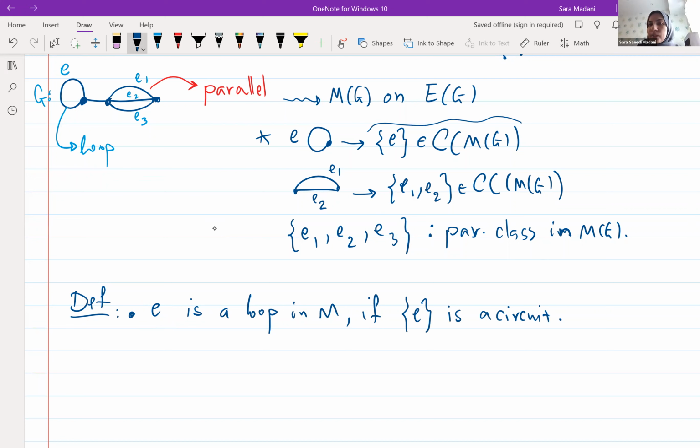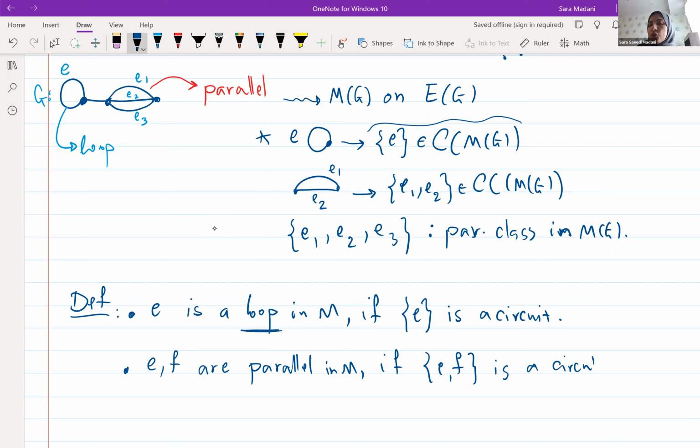The same as what happened here. You see, a loop in the graph gives us a singleton in the matroid, which was a circuit. Now we understand why we call such an element in this definition a loop. Second, a pair of elements are called parallel elements in M if this set of two elements is a circuit.